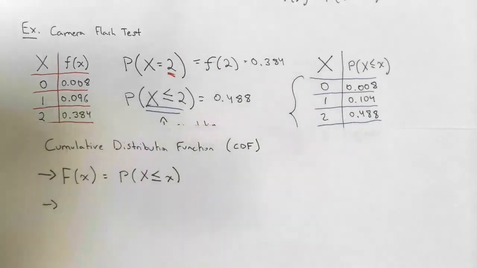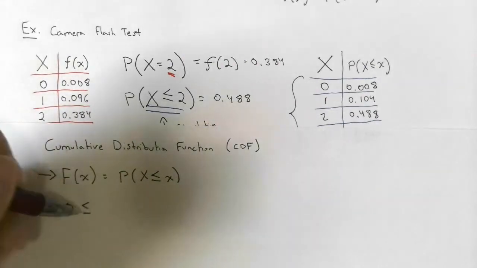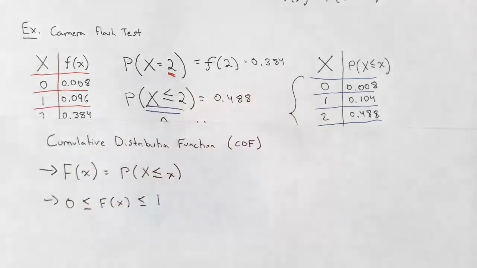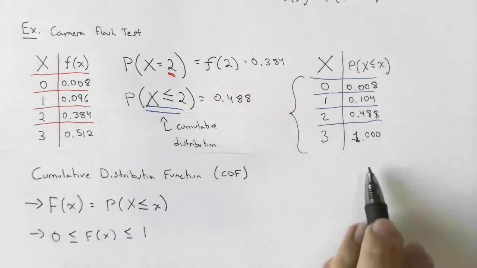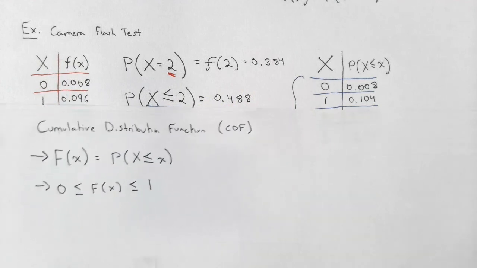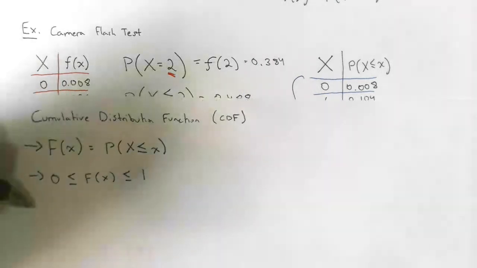Of course, we know that my cumulative distribution function is going to be a number between 0 and 1. We know that the last value of a cumulative probability distribution has to be equal to 1. And then we know the following, right?